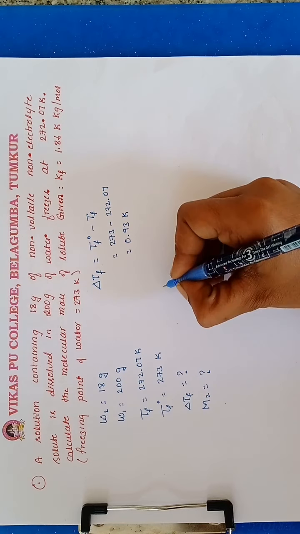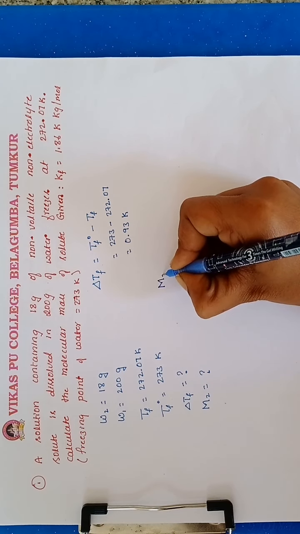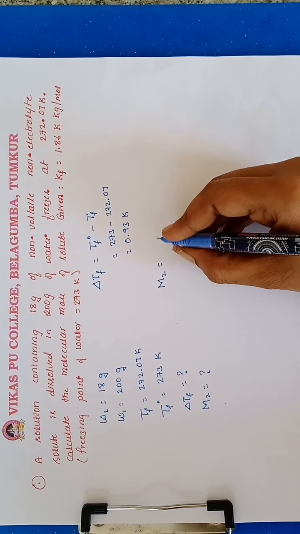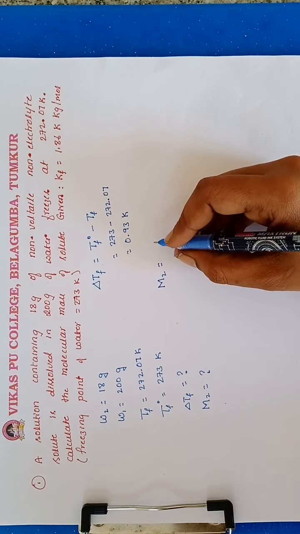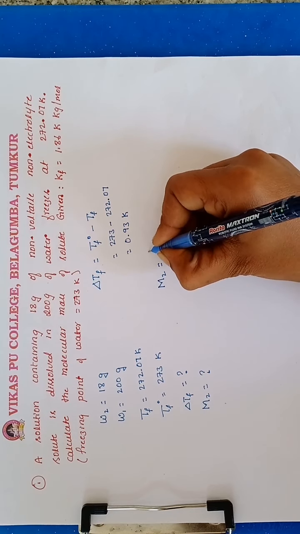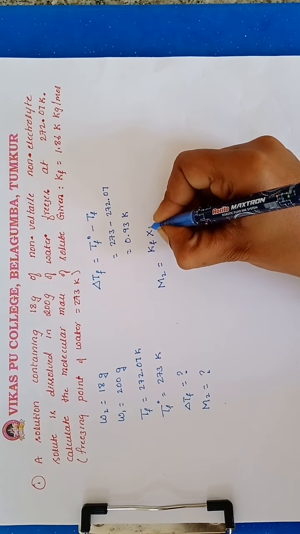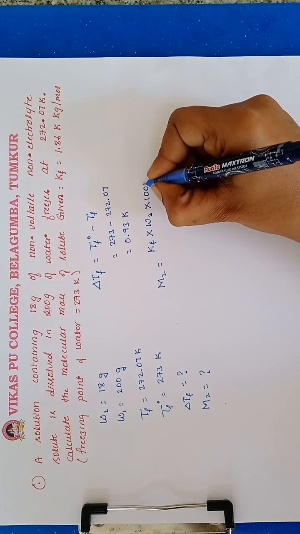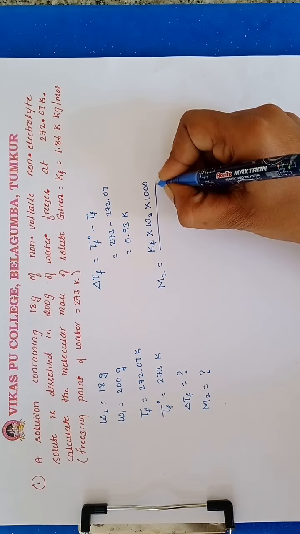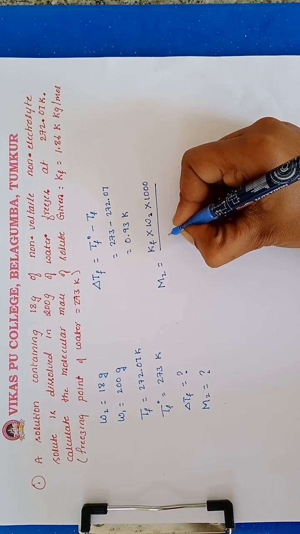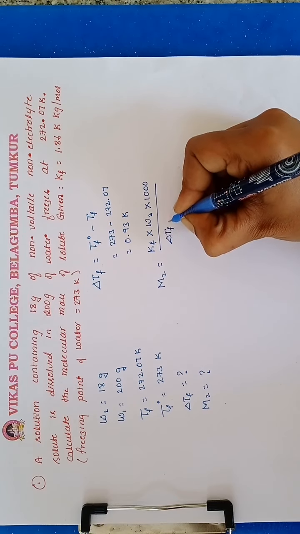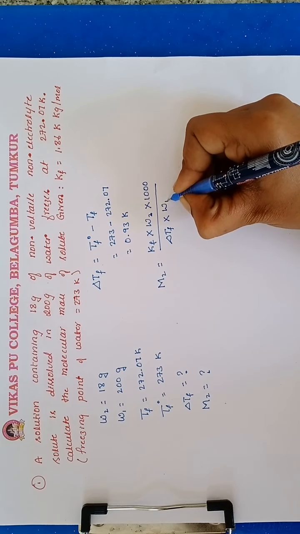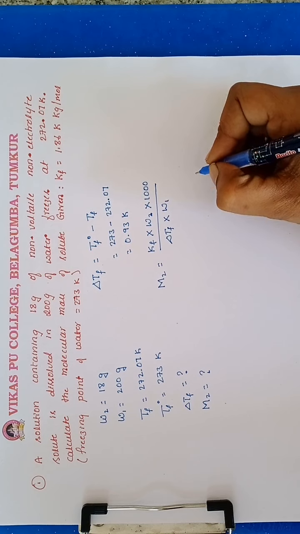Then we know the formula to calculate M2, which we arrange as M2 is equal to Kf into W2 into 1000 divided by delta Tf into W1, the mass of the solvent.